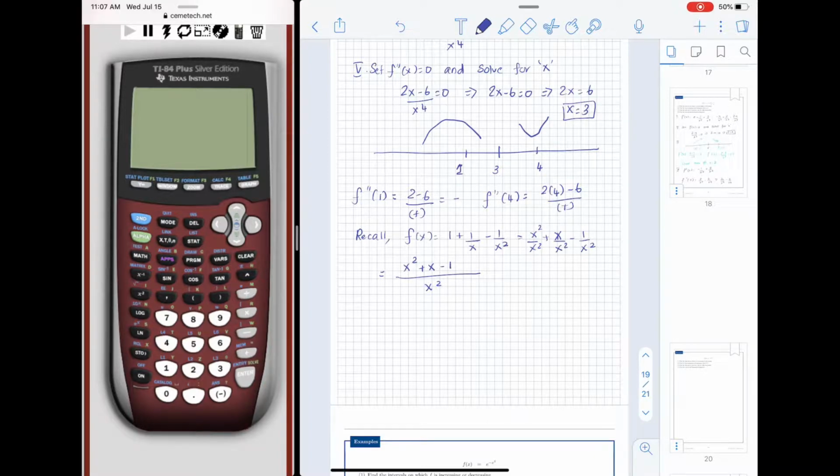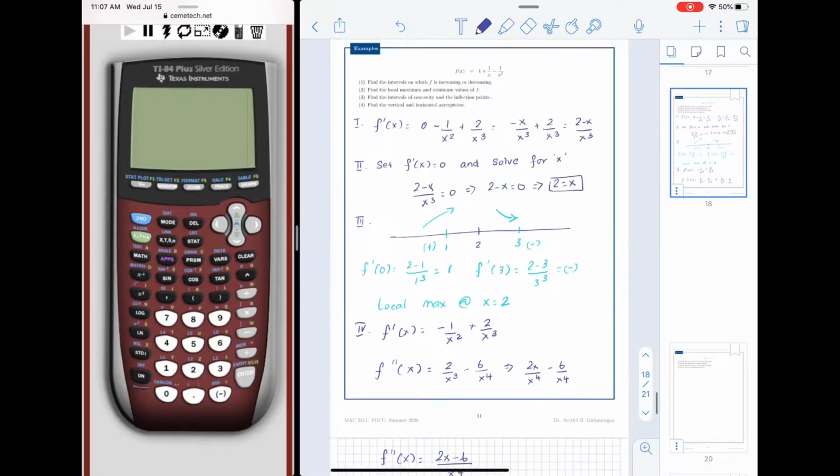So the numerator is a polynomial of degree 2, the denominator is a polynomial of degree 2. So the horizontal asymptote is going to be 1, the leading coefficient here divided by the leading coefficient there.